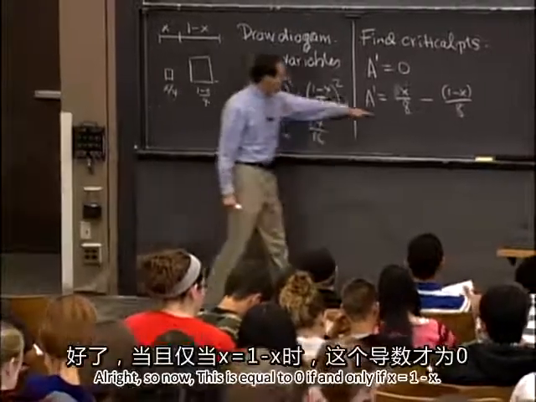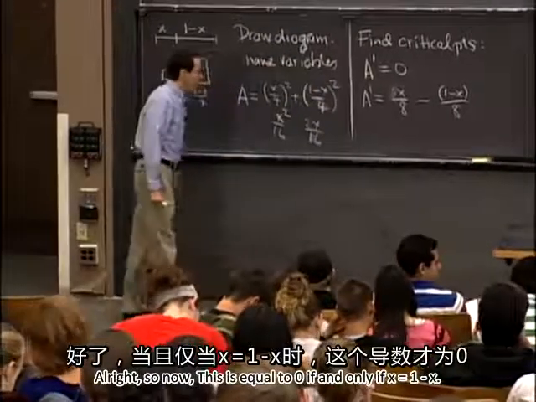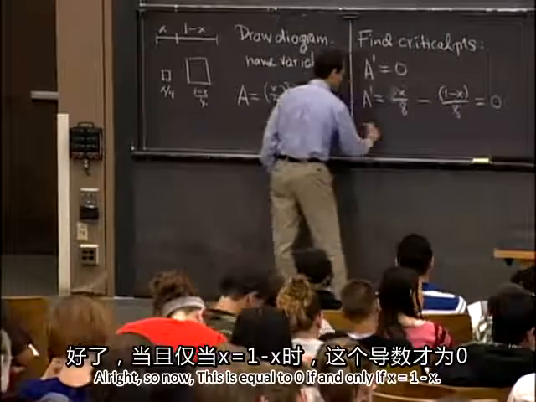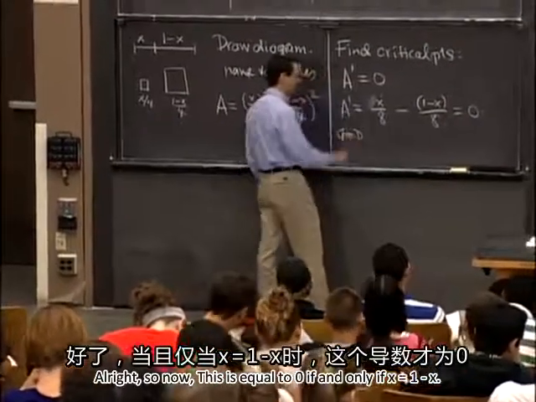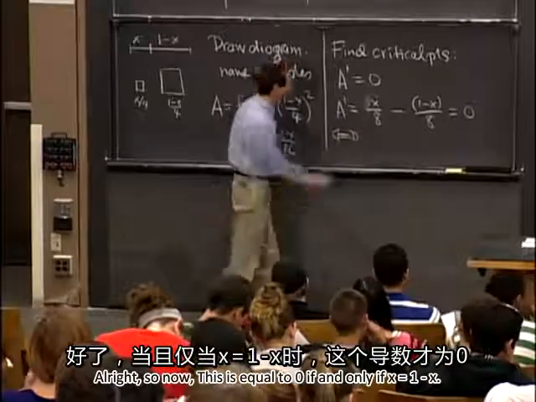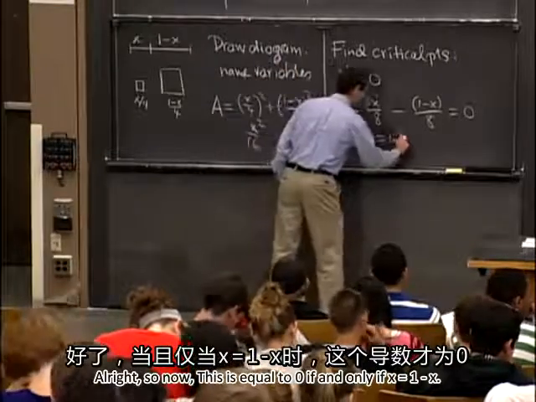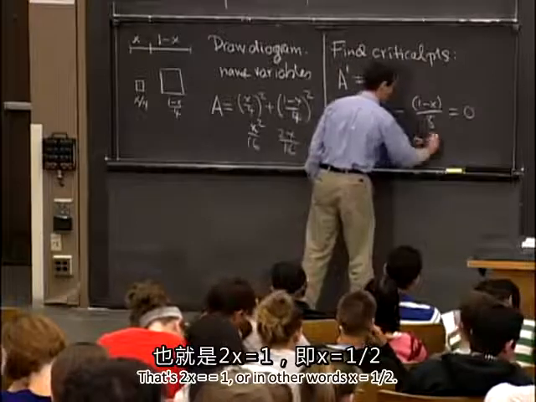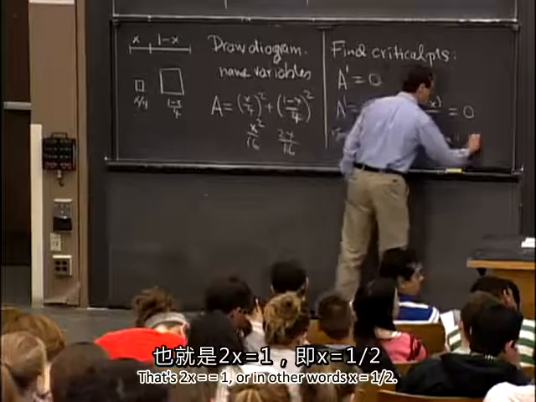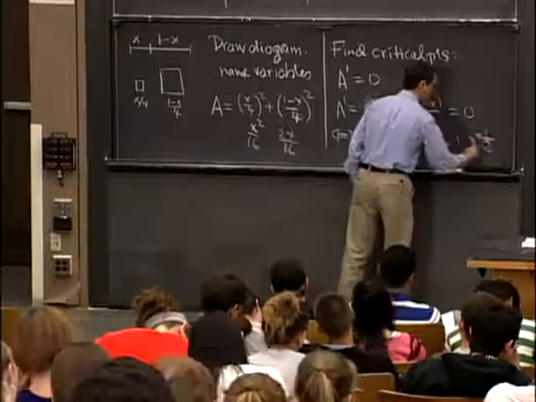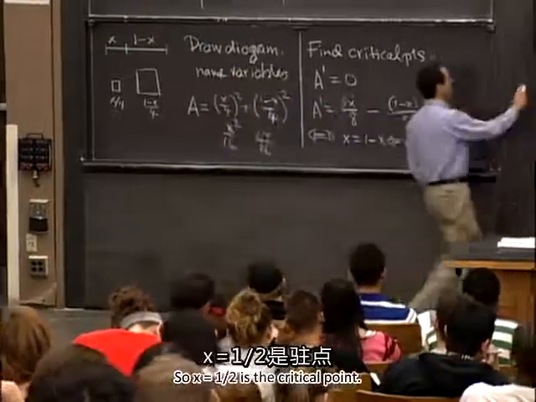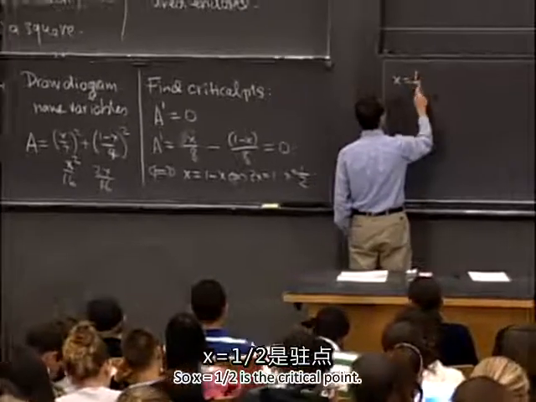All right, so now, this is equal to 0 if and only if x is equal to 1 minus x, that's 2x is equal to 1, or in other words, x is a half. So there's our critical point. So x equals a half is the critical point.